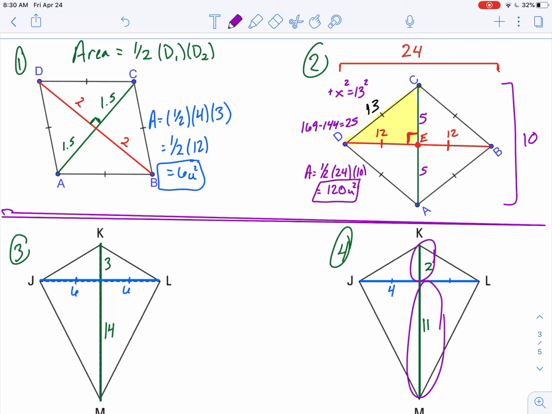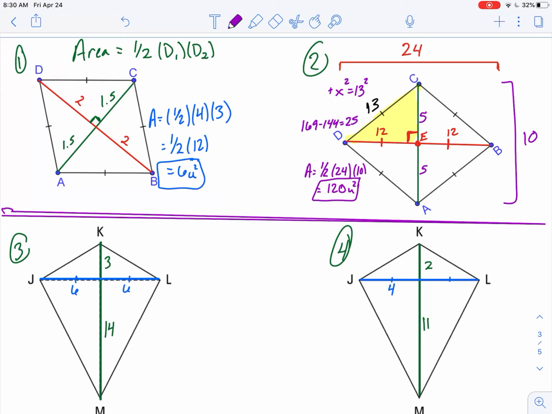The shorter diagonal is going to be bisected. You can see here, especially in number 4, that this part of the diagonal is not congruent to the other part in diagonal KM. But in the shorter diagonal, JL, these two parts are congruent.